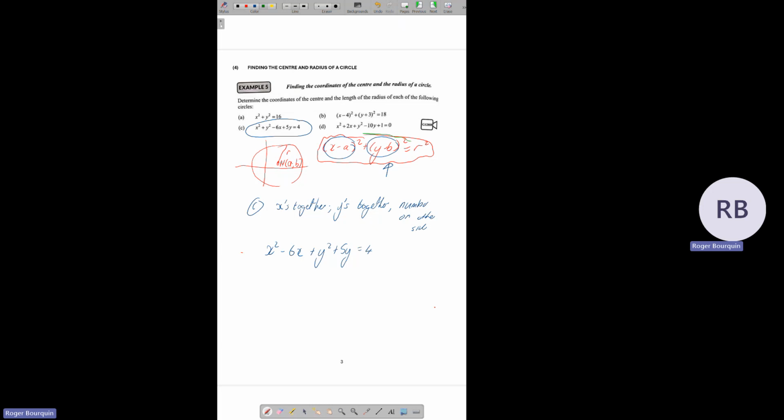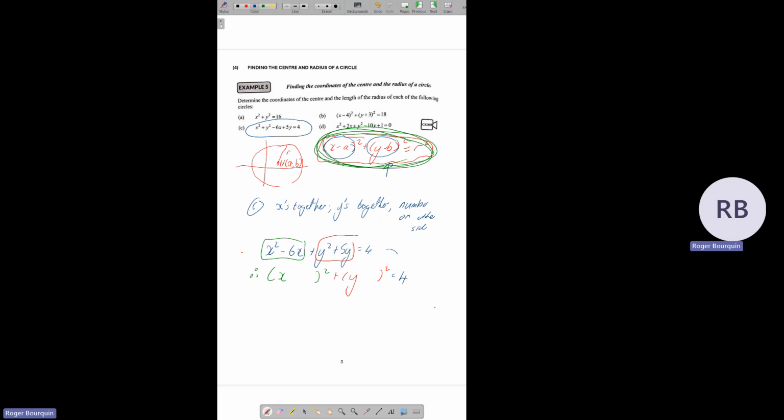Now, the next thing you want to do is set it up like this, because your objective, remember, is to get the equation in this format over here. I always write it like this: (x something) squared, then I'm going to deal with the y's, plus (y something) squared. I'm going to force numbers in there. I call this forcing and balancing.